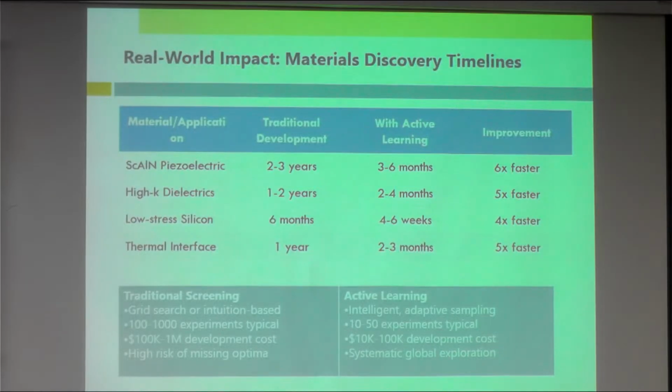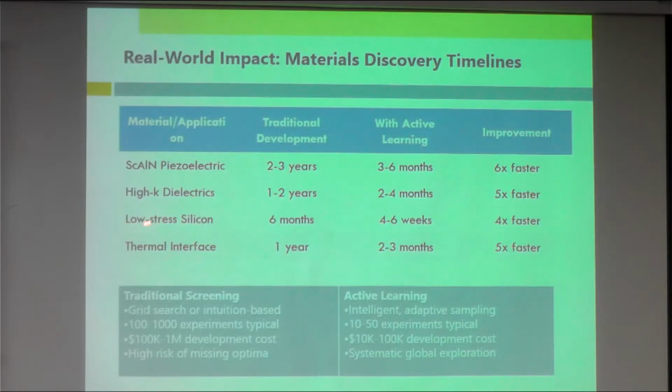And it goes the same with high K dielectrics, for example. You will need 1 to 2 years with traditional development. And with active learning, it can be shortened to 2 to 4 months. If you look at this timeline, you can see that it's 5 times faster in comparison with the traditional development process.